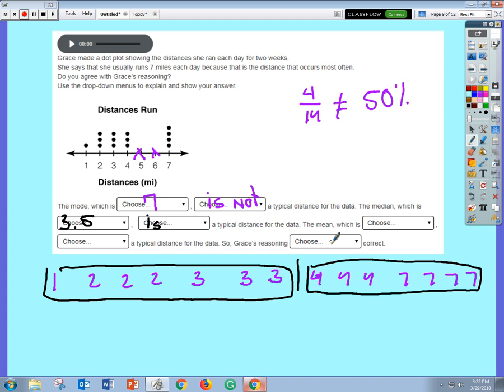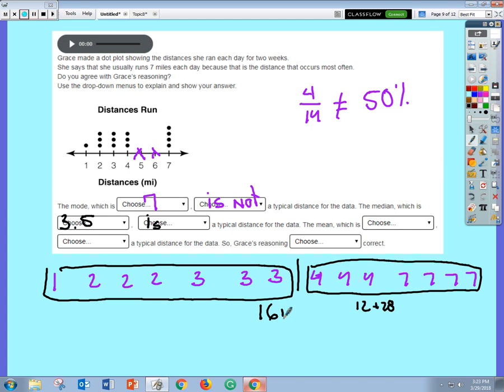The mean, okay, here we go with mean. 1 plus 2 is 3. Let's slow down here. 3 plus 2 is 5. 5 plus 2 is 7. 7 plus 3 is 10. 10 plus 3 and 3 is 16. Okay, this side equals 16. Let's do the upper half. 9 plus 6 is 15 plus 1 is 17. Let's go. 3 fours is 12 plus 1, 2, 3, 4, 7s is 28.